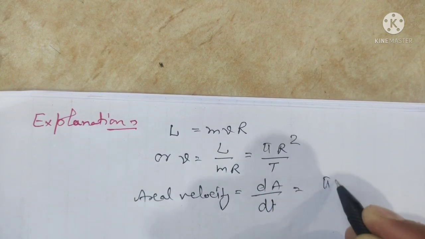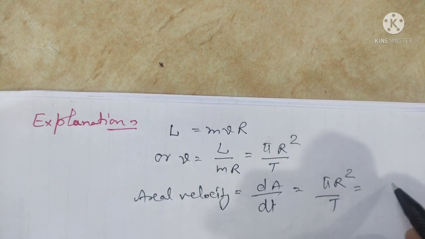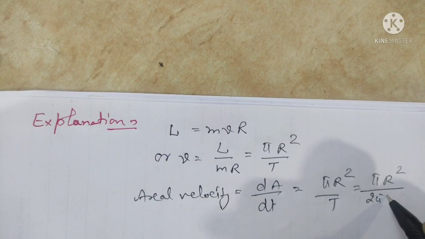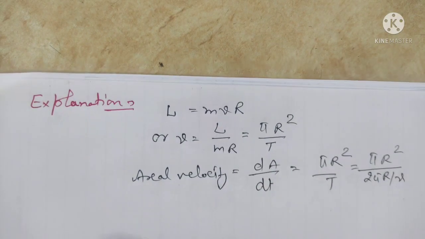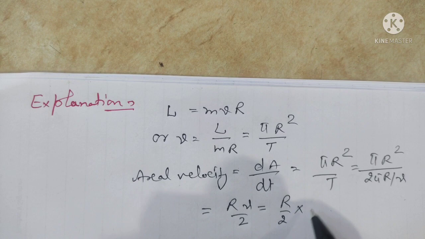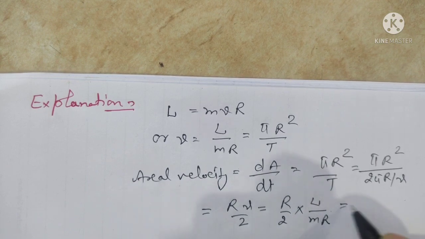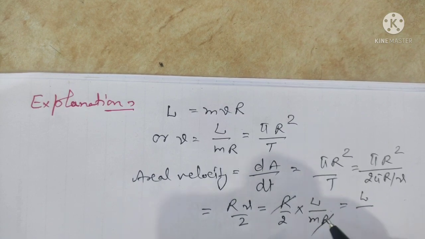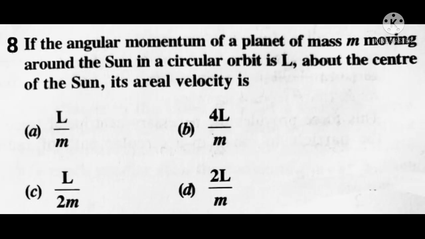This is equal to pi r square over T. This is equal to pi r square over 2 pi r over v, and this is equal to rv by 2, and this is equal to r over 2 multiplied by L over mr, and this is equal to L over, here r is cancelled with r, we are left with L over 2m.